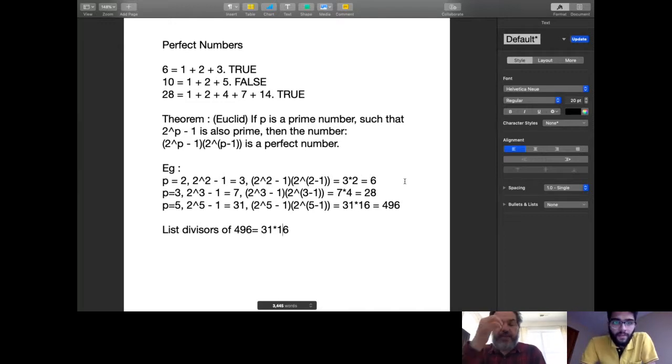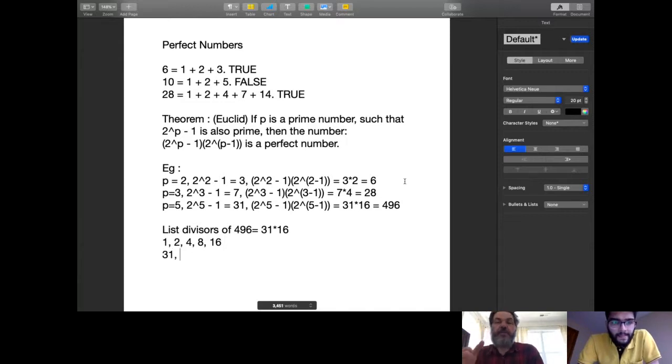So on the next line, let's write these powers of 2: 1, 2, 4, 8, 16, and that's it. There are no other powers of 2 that are divisors of this number. 32 and 64 are too big.